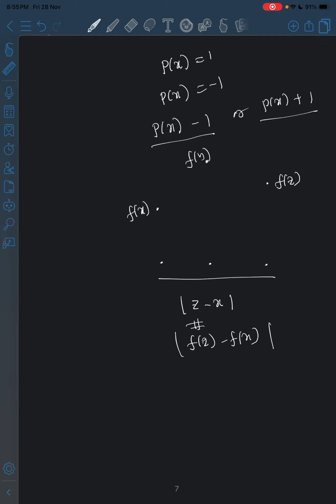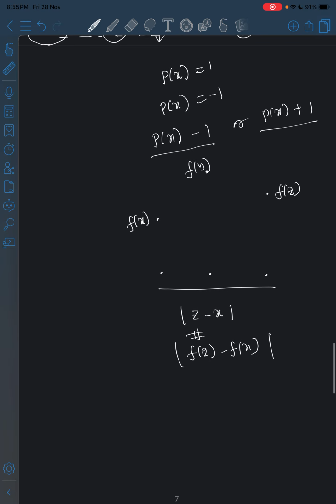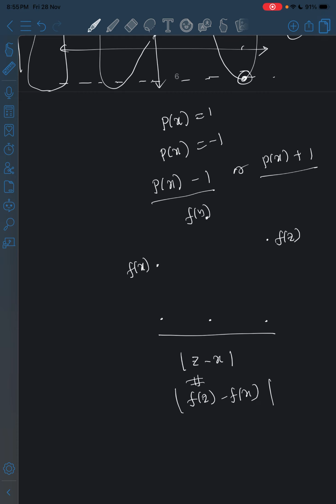So this is not possible. You can easily see that this is not possible, so that's why if it is increasing, then it has to be increasing, or if it is decreasing, it has to be decreasing. That's the first observation. And from there you can conclude that f(x) must be x plus c or minus x plus c.